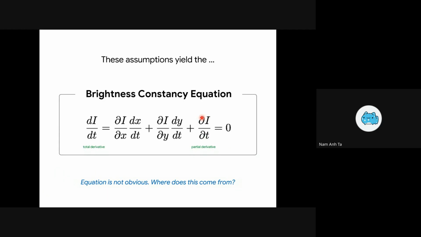In this slide, we summarize the mathematical model derived from our two basic assumptions. We assume a point moves within the image over time, but its intensity must remain the same. By using the chain rule to take the derivative of the intensity function with respect to time t, we can get the following equation.